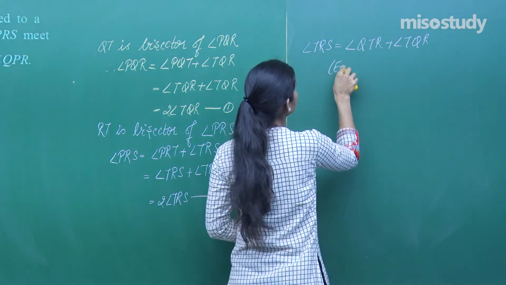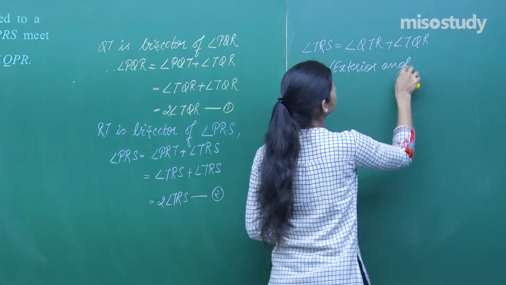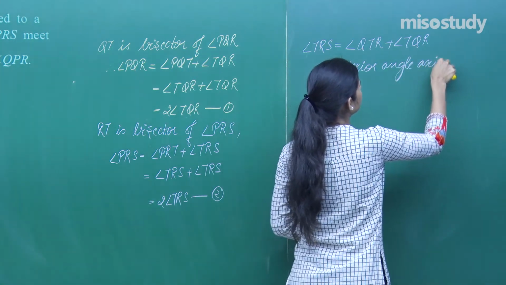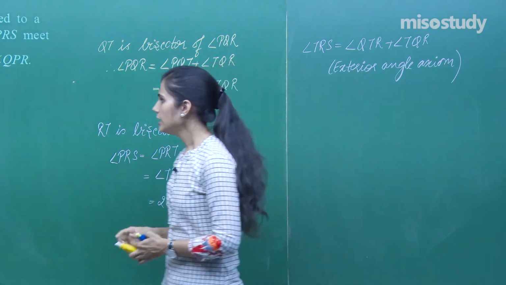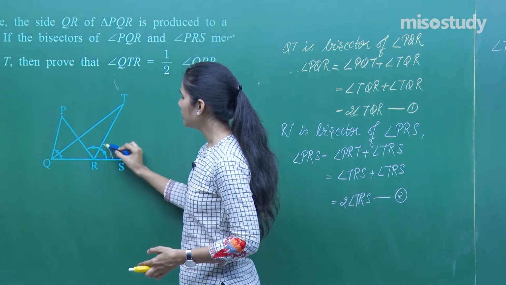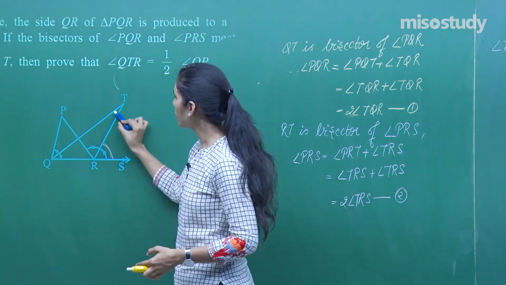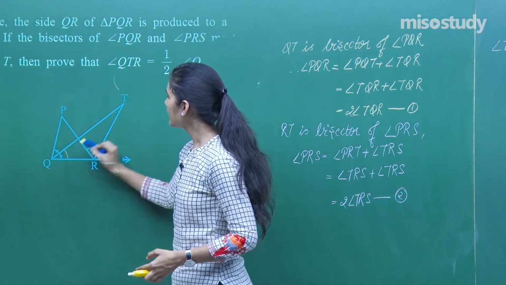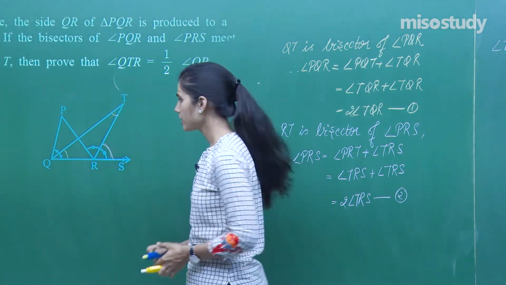That exterior angle is sum of opposite interior angles. If you focus upon this triangle QTR, then this angle is exterior angle of this triangle, which will be equal to the sum of opposite interior angles, angle TQR plus angle QTR.